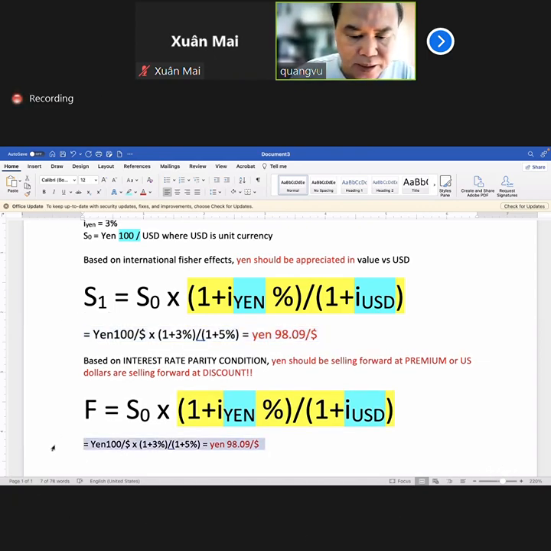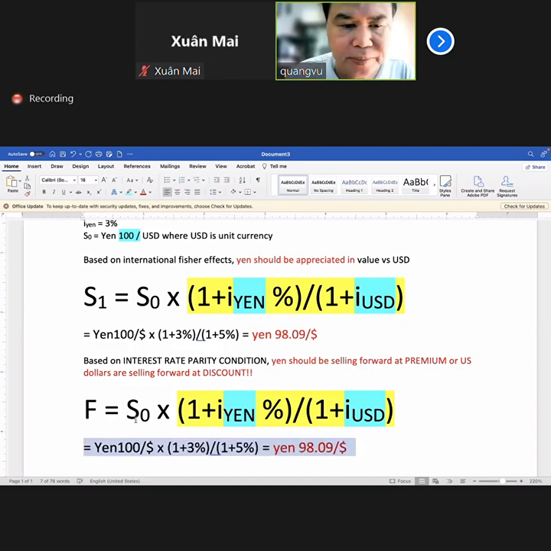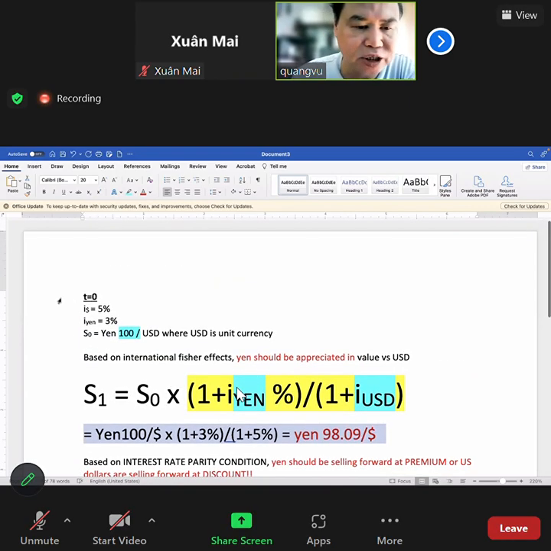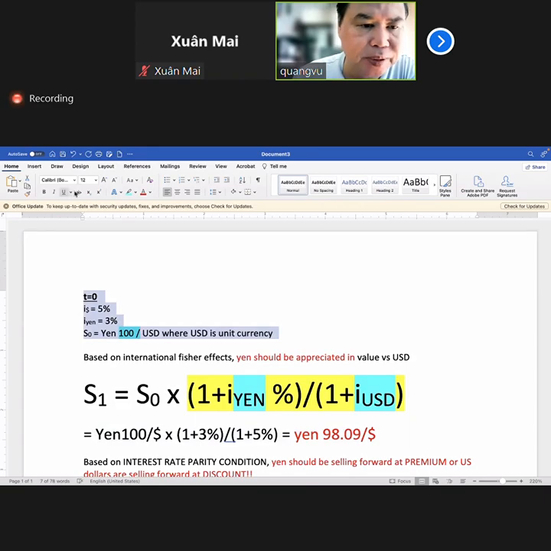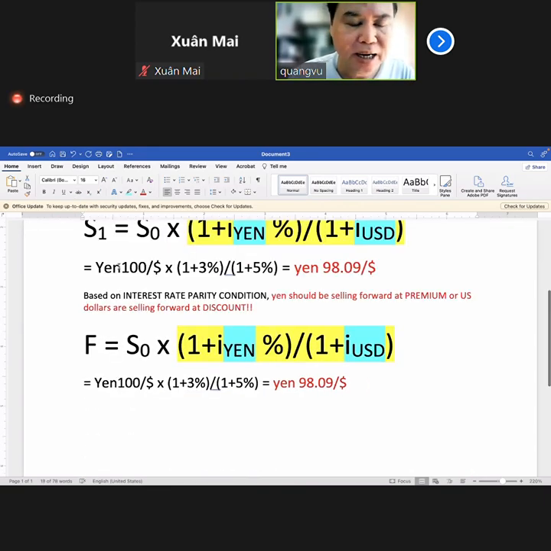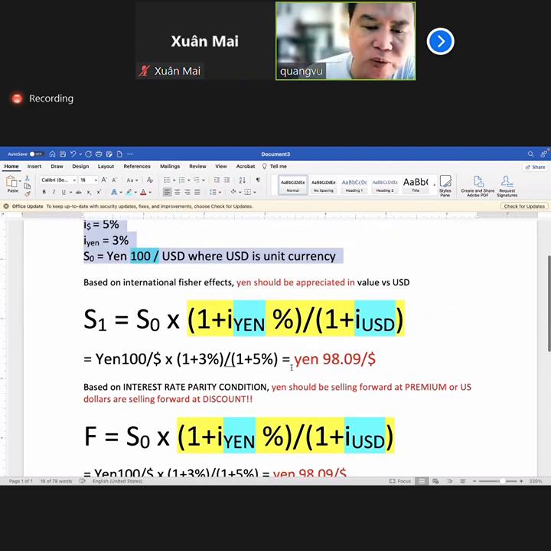And then in the market, as long as your assumption holds, see this assumption at the beginning, what we have. Yeah, we observe this, right? And then you can tell the future spot rate will be 98.09 yen per dollar.